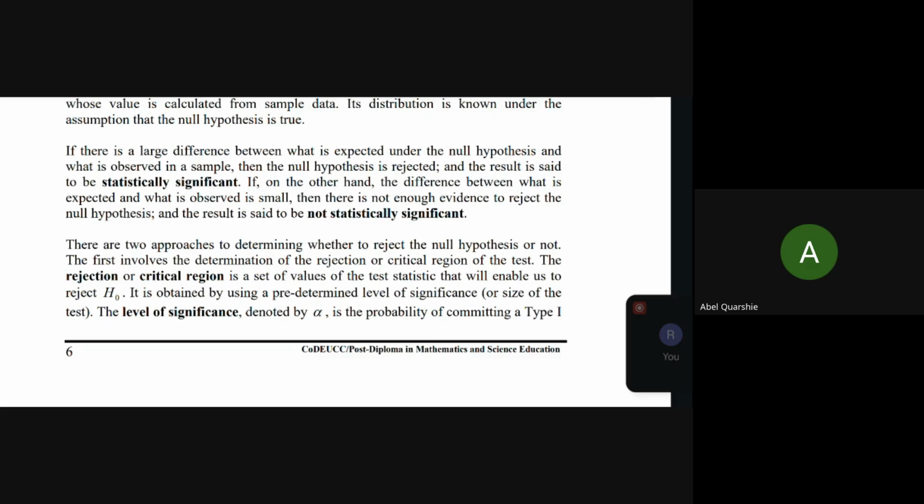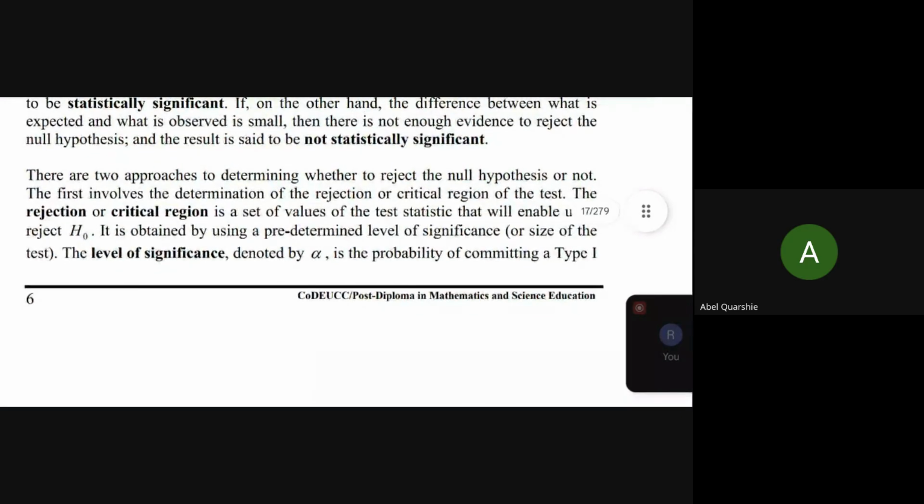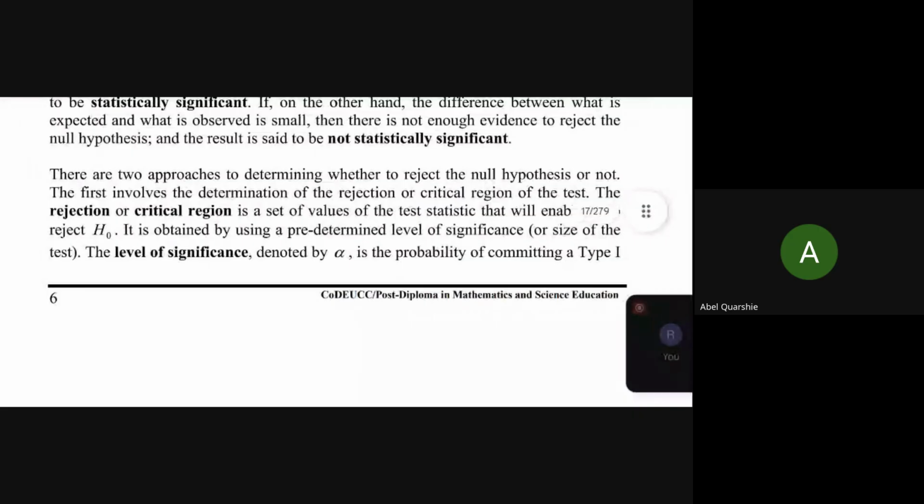Then there are two approaches to determine whether to reject the null hypothesis or not. There are two ways that we are going to use to tell whether my null hypothesis should be rejected or not. The first involves the determination of what we call the rejection region or critical region of the test.